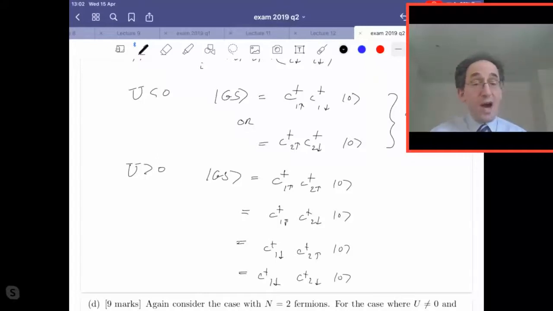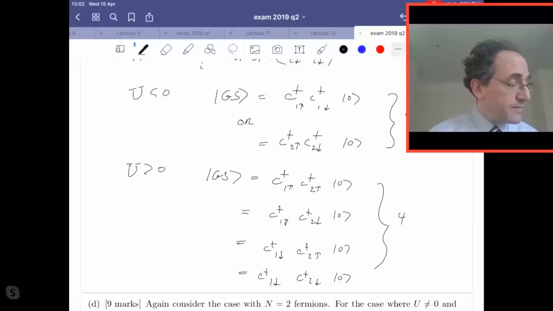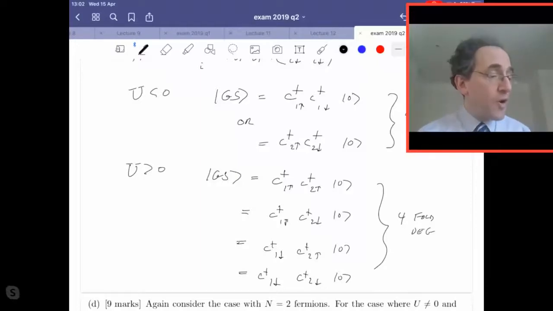And since there's no hopping, these are eigenstates, and they have the minimum possible energy, and they're all single Slater determinants. It's fourfold degenerate. Okay. So this much, I hope, has been easy.